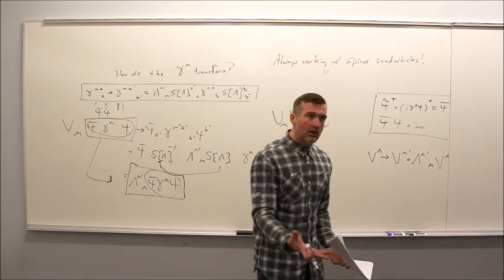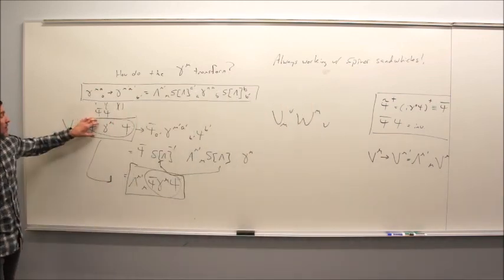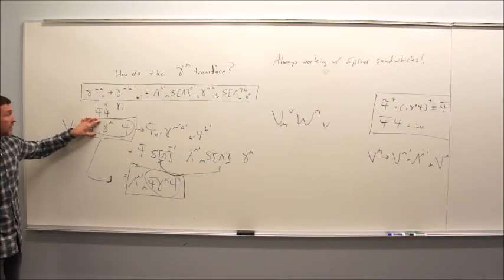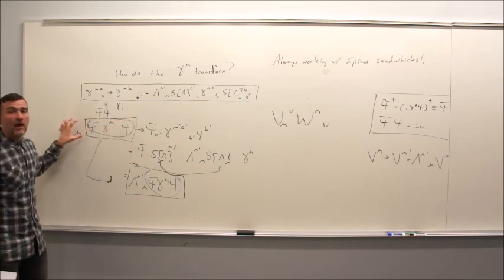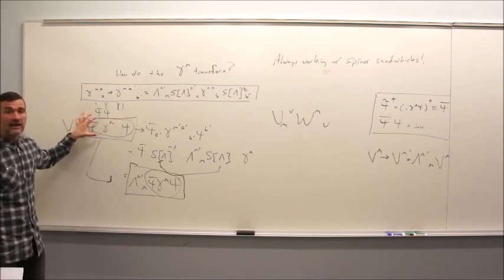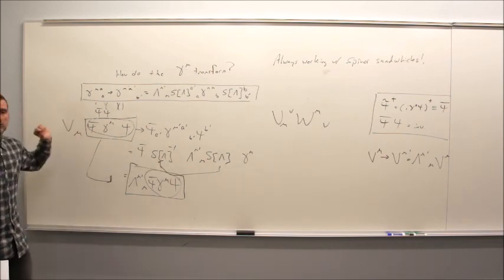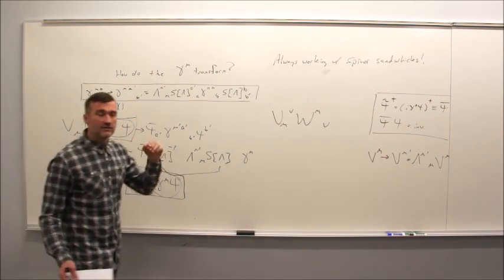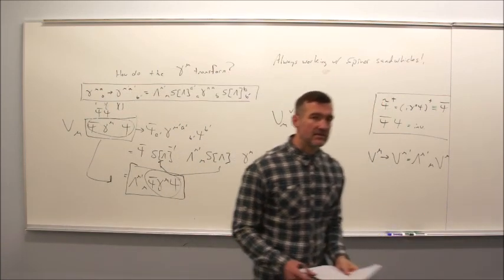What I'm trying to show you is that our rule of thumb will be, as long as I have a dual spinor, any operator in spin space, and then a spinor, all of the spin indices are taken care of to make this thing invariant for spin space, and then I just have to worry about the space-time index to get a total invariant. So this is a way of us not having to deal with those spinor indices.